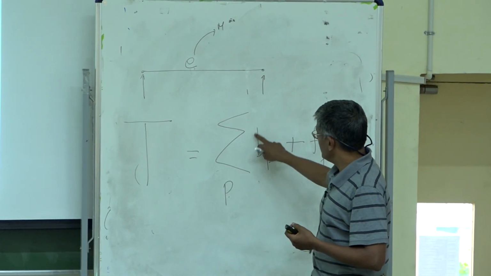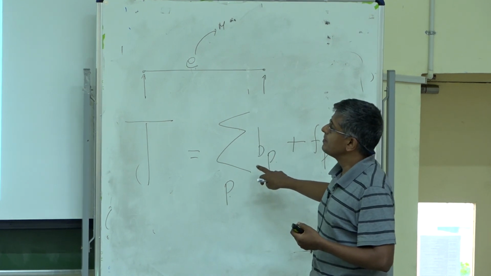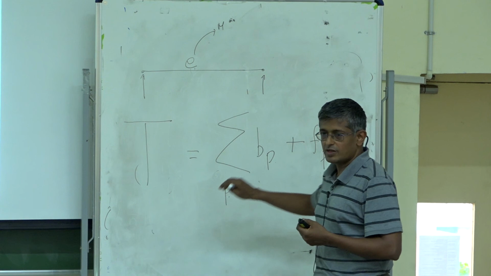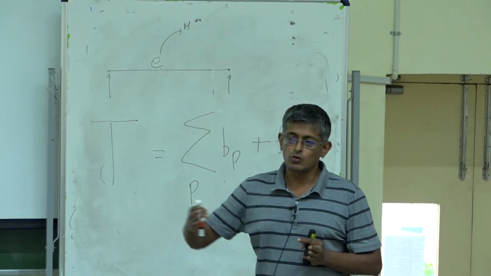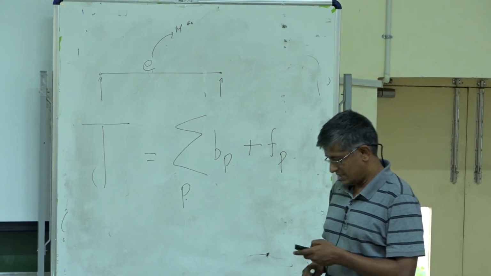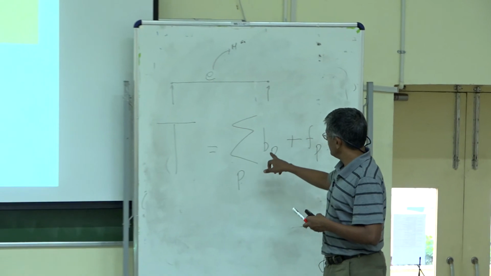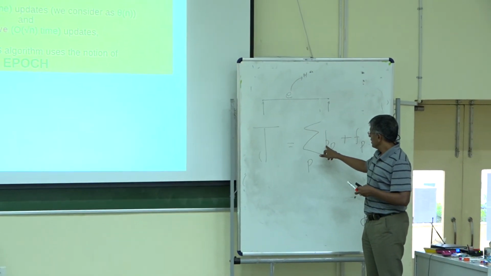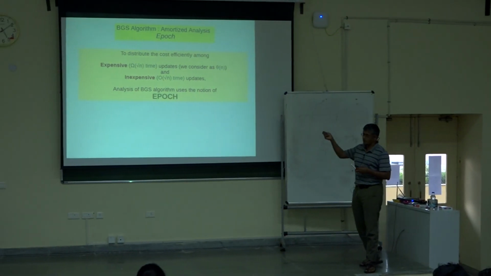At the beginning of the epoch, the amount of effort that you put in accounts for the time spent in processing that whole epoch. Now you can use linearity of expectation and ask for the expected time associated with a particular epoch, and that is what we analyze.